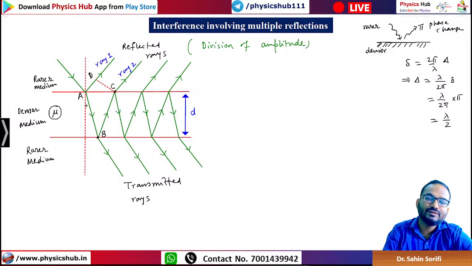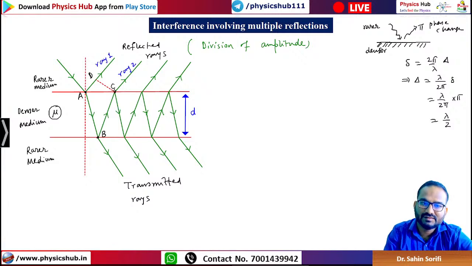So in addition to the path difference originating from the different distances traveled by ray 1 and ray 2, there will be some additional path difference because of this pi phase change upon reflection from a hard surface. Remember, here the light ray is falling on the interface of a hard surface, but only ray 1 will involve the pi phase change.